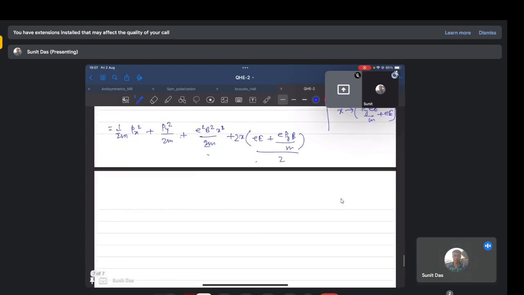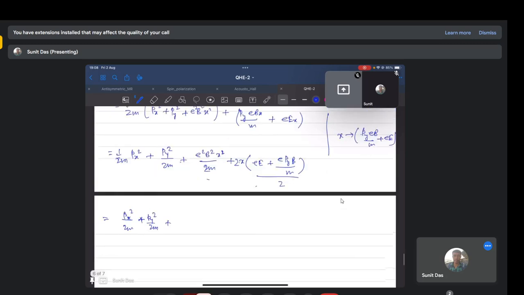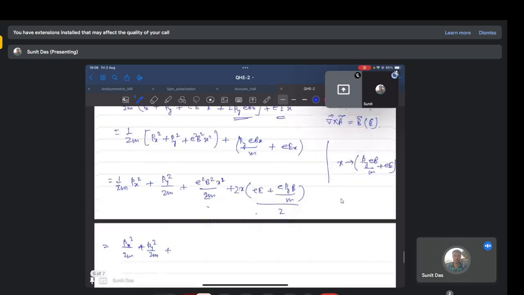So what I need to do is that forget about px square plus py square by 2m, and then here was 2m, right? Okay, fine.